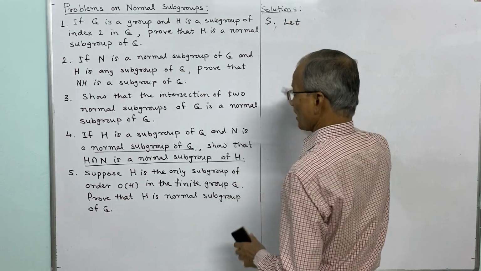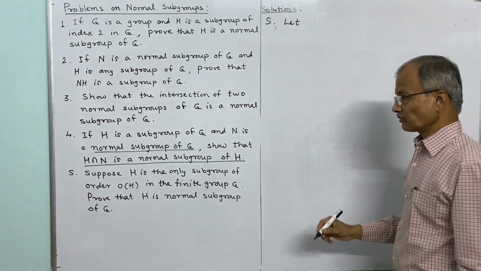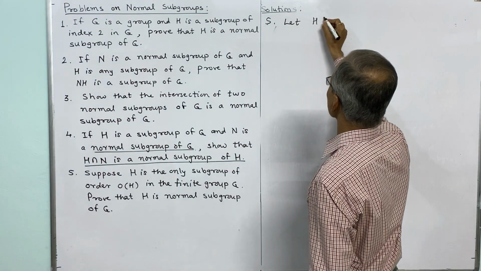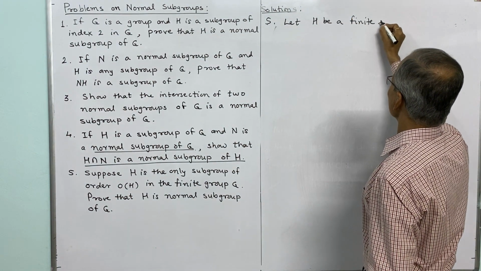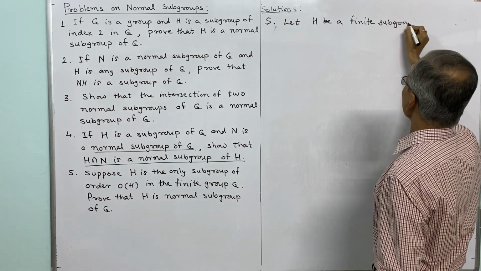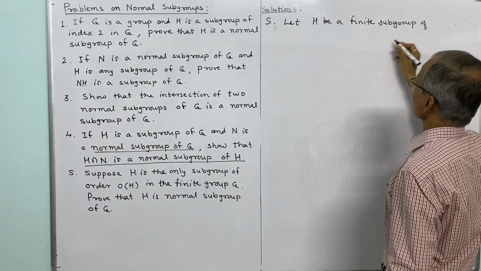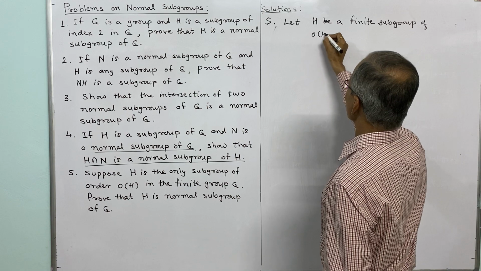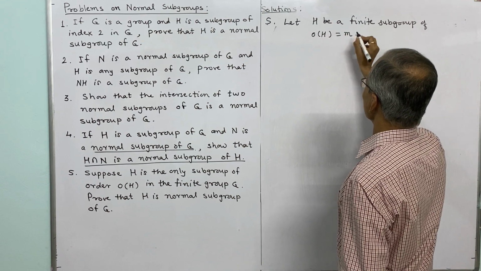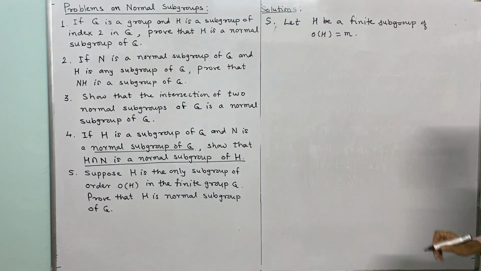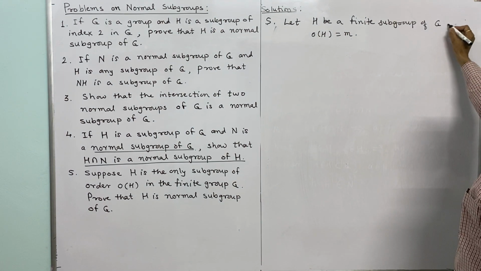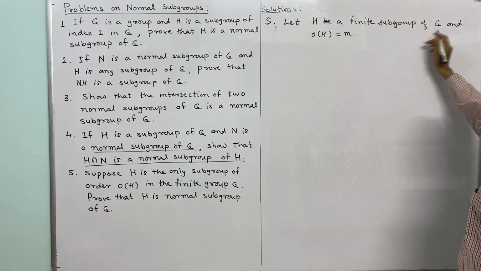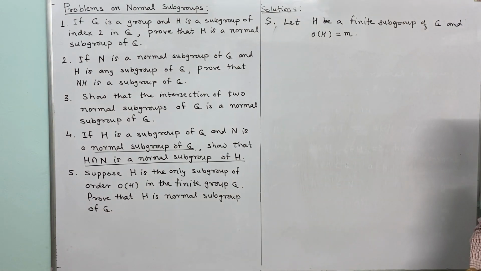Let H be a finite subgroup of G, and order of H is equal to M, finite.